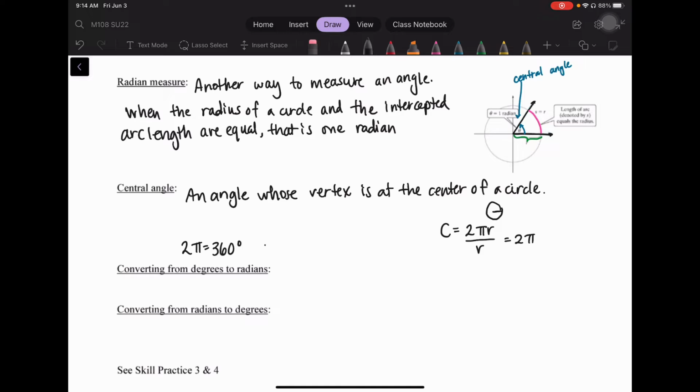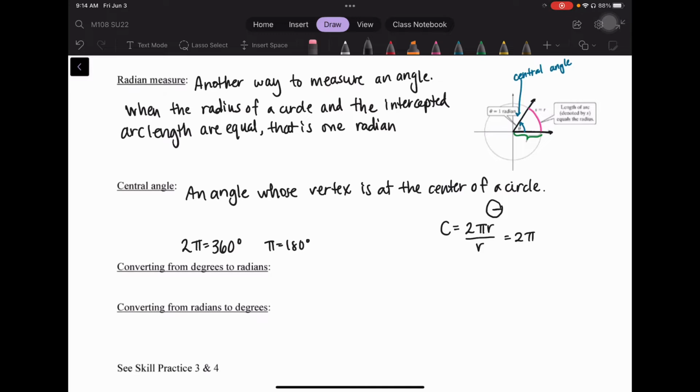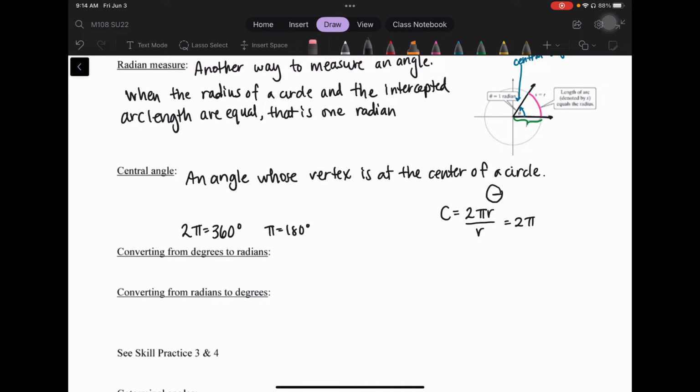That's also saying that pi is equal to 180 degrees. To convert then from degrees to radians, you multiply the degree measure by pi over 180.